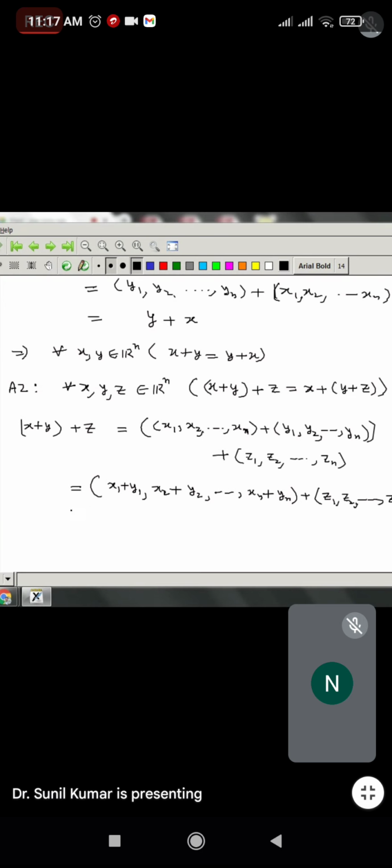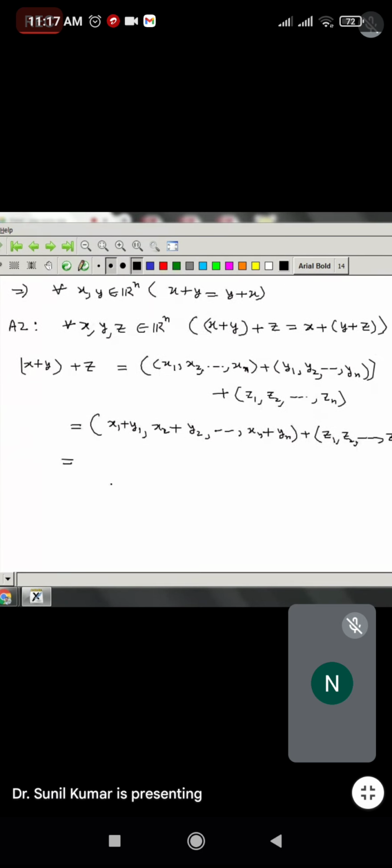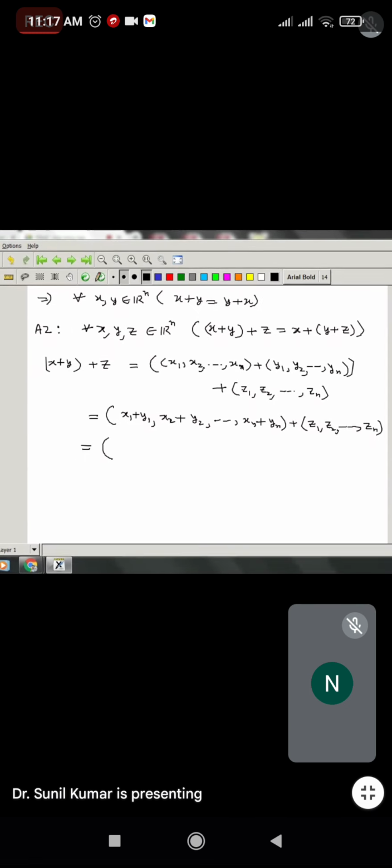Okay, so can someone tell me what is the next step? (x1 plus y1) plus z1. Is it the right way to write?